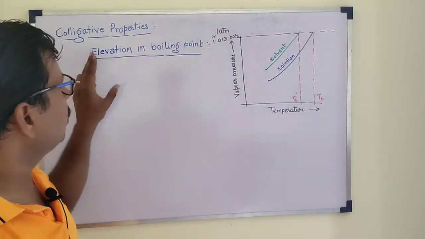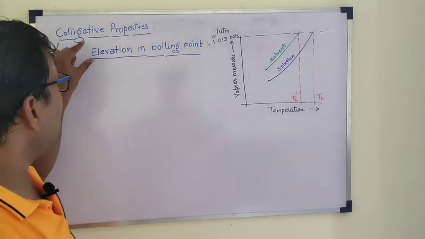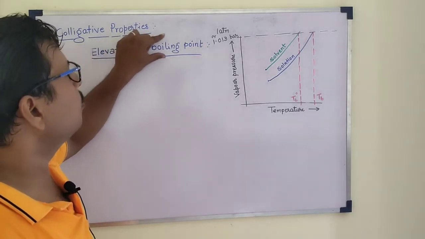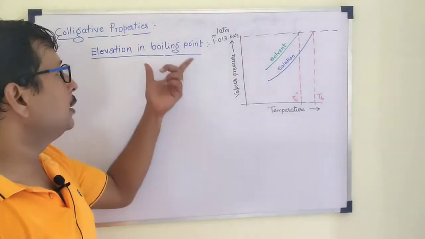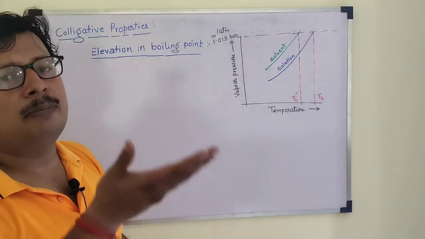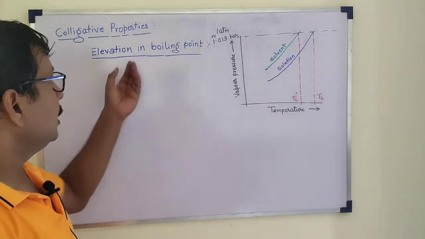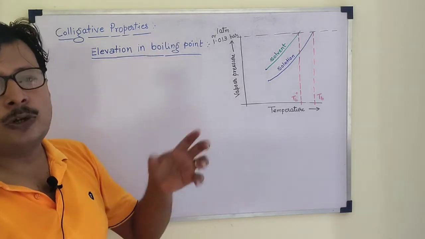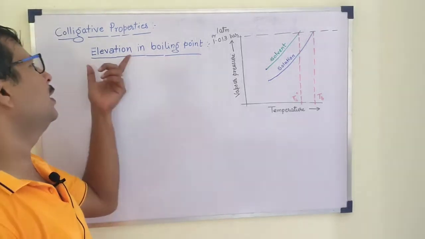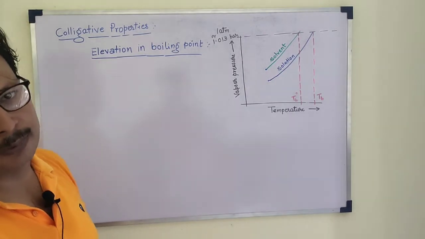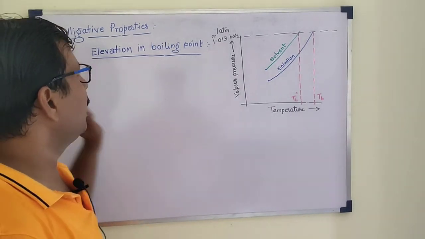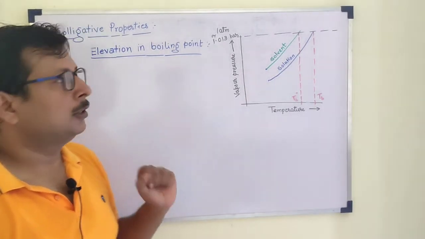What this word says actually, elevation in boiling point means there is some increase in the boiling point. How does it increase? If the solute dissolves in a solvent, then there is an increase in the boiling point. So that is called elevation in boiling point.